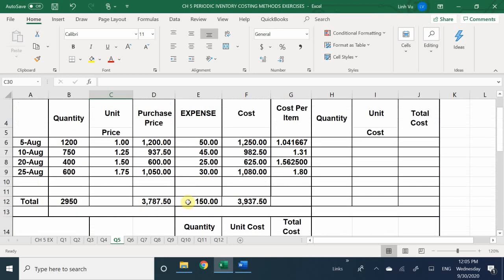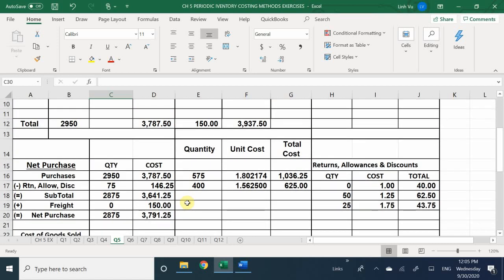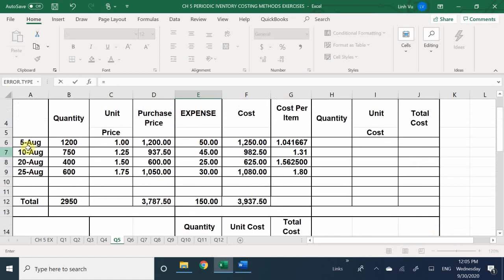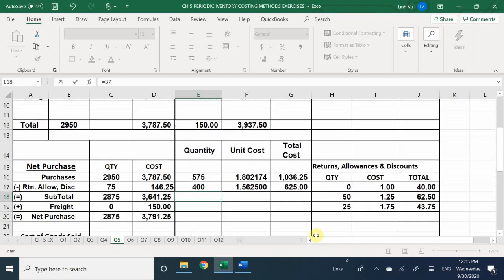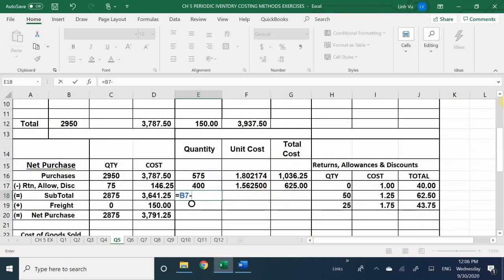And in this case, my batch above for 750 is going to be utilized. Now, out of that 750, I only need 400. So let me look. If this batch is for 750, did we make any returns or any allowances for it? In this case, we did. We returned 50 items.